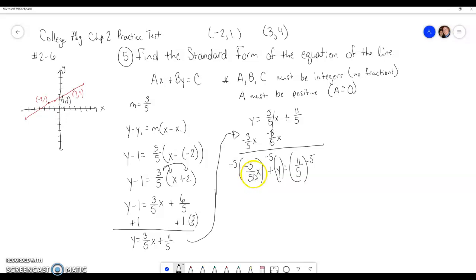These 5's cancel out, these negatives cancel out, so I'm left with 3x minus 5y is equal to, again, these 5's cancel out, but I still have a negative, negative 11. And that is your standard form. My a is positive, and I do not have any fractions. A, b, and c are all integers.